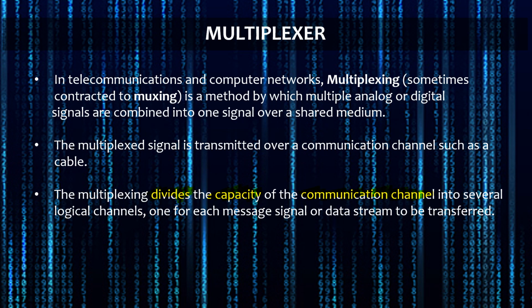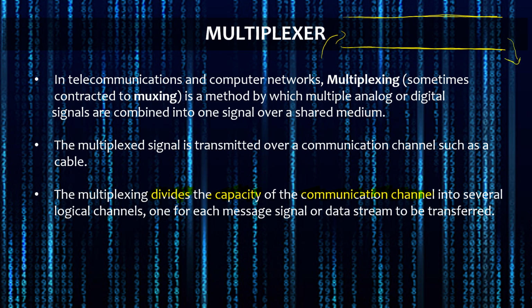So let's take one example over here. Let's say this is my communication channel. Now suppose I am using a single application right now, then okay, fine, my data can travel through this. I'll input it here from this endpoint, and it will reach the destination from this point.